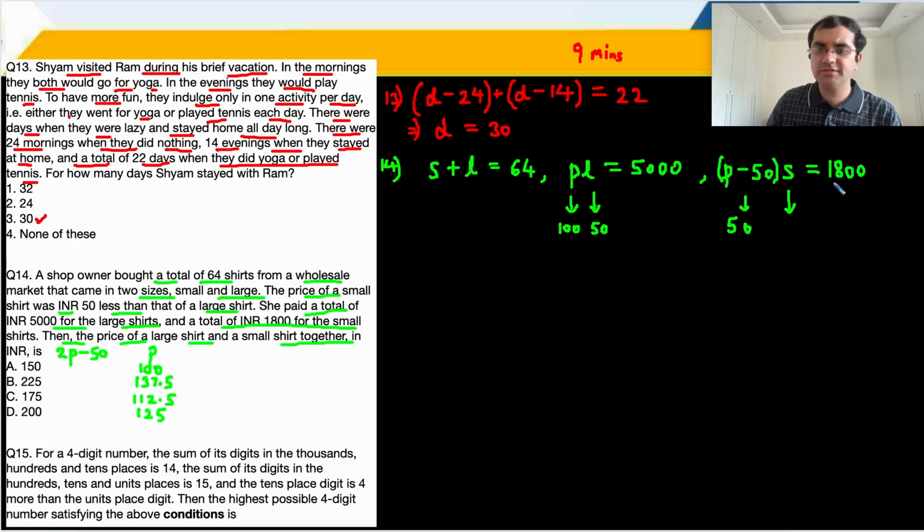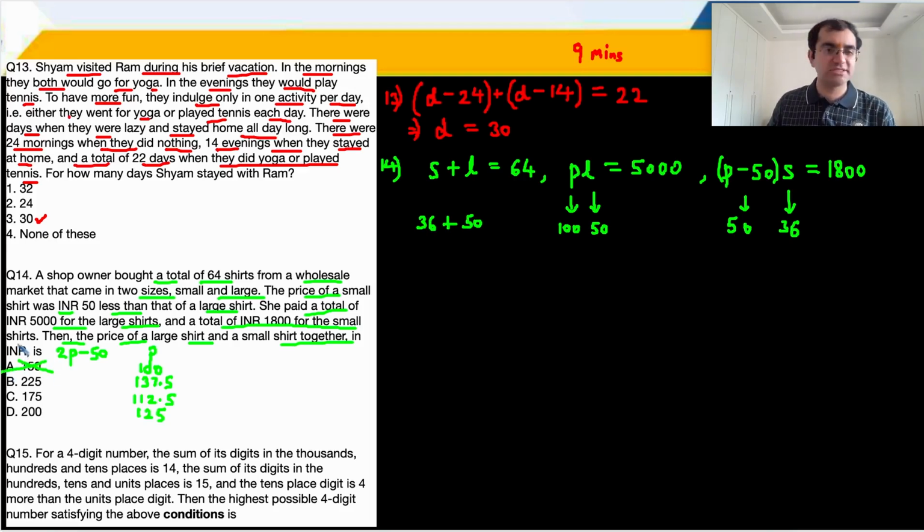And S becomes 1800 upon 50, 180 upon 5 is 36. This process is happening very quickly; I'm putting in more details for the purpose of your explanation. And then S plus L, you check 36 plus 50. Is this 64? No, it is not. So option A is gone.